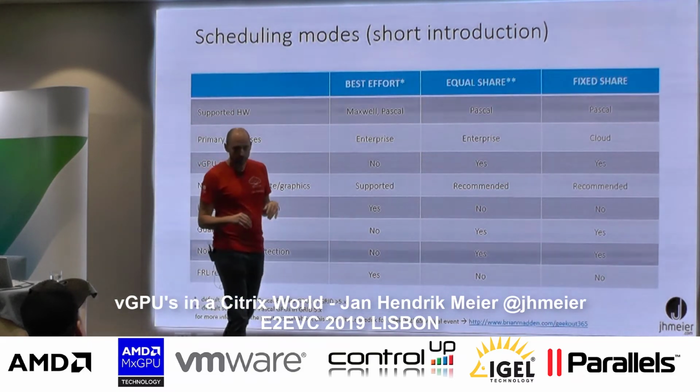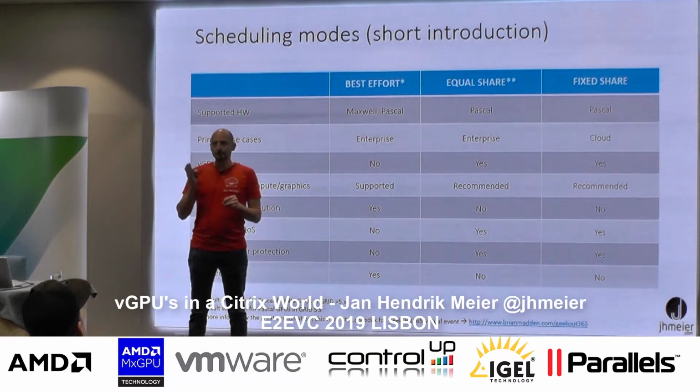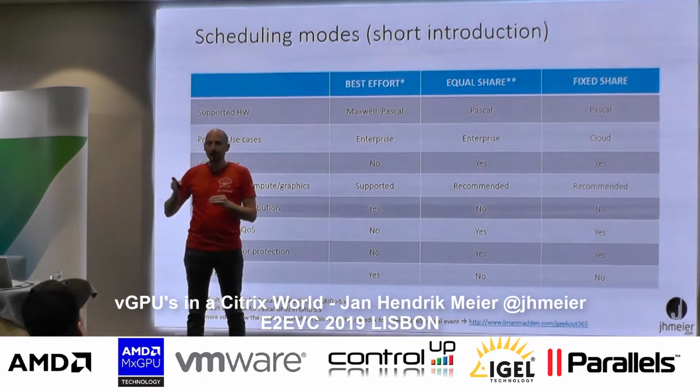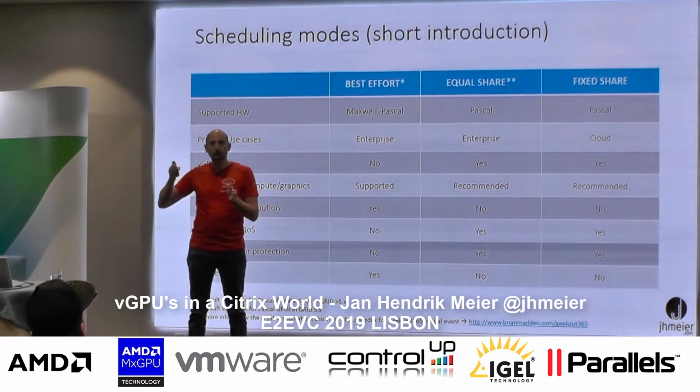With fixed share, this is somehow the same. The GPU is sliced again into parts, but depending on the profile you've chosen, you can boot up to, like, 4 VMs. And with fixed share, the GPU is sliced directly into 4 partitions.